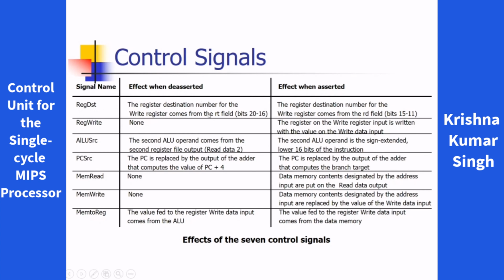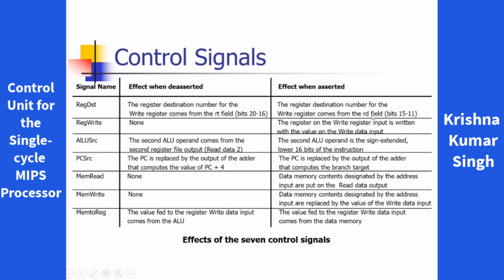RegWrite: if it is 0, it doesn't do anything. But if it is 1, then the register on the write register input is written with the value on the write data input.